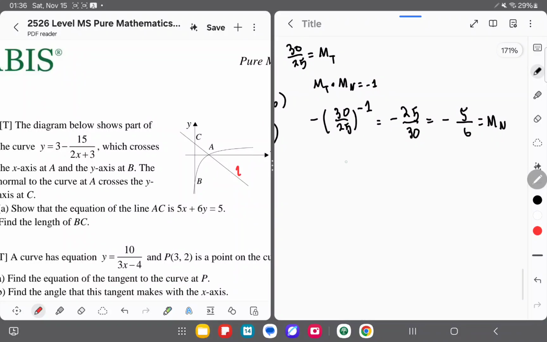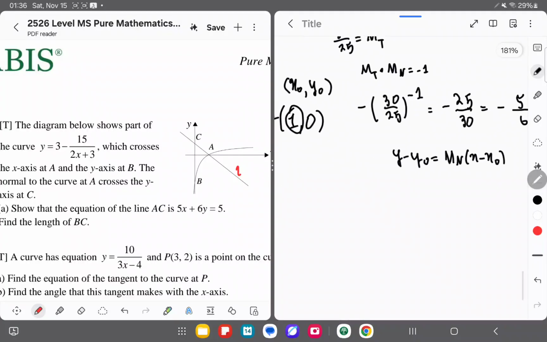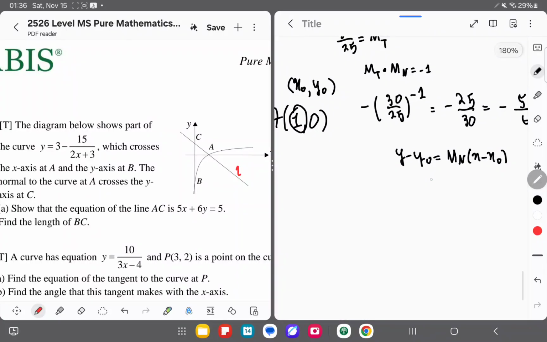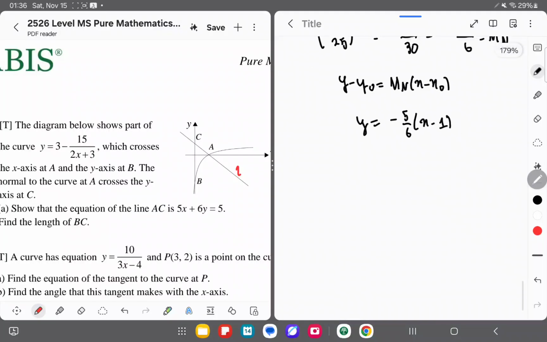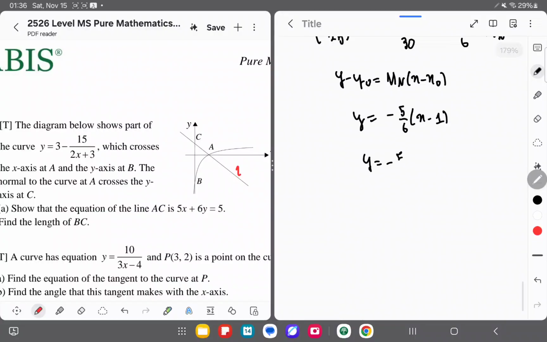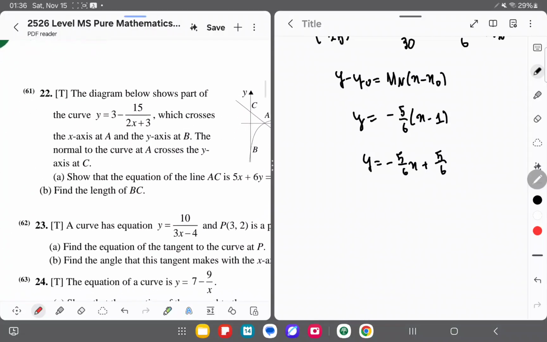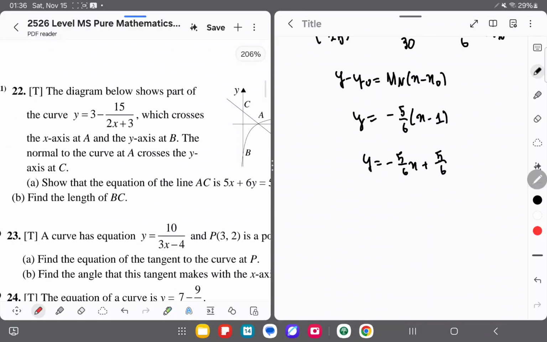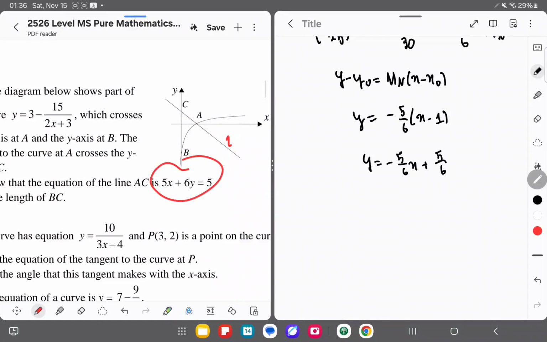Now we'll apply this back into the rule: y minus y0 is equal to mn times (x minus x0). We have y0 and x0, so we put y0 as 0, and then mn, which is minus 5 over 6, and then x minus 1. Now we distribute. They wanted us to write the formula like this, so we'll quickly rewrite it.